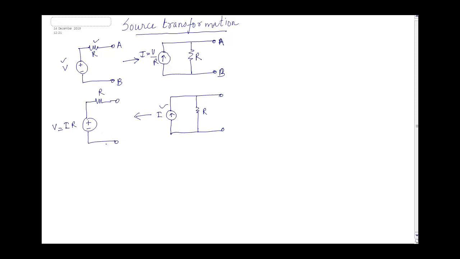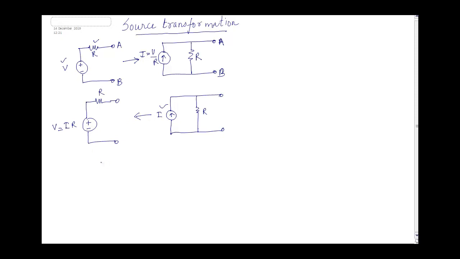Please take care of the direction of current and the polarity you are maintaining. As you can see here, the direction is from down to up, so the polarity is plus minus.